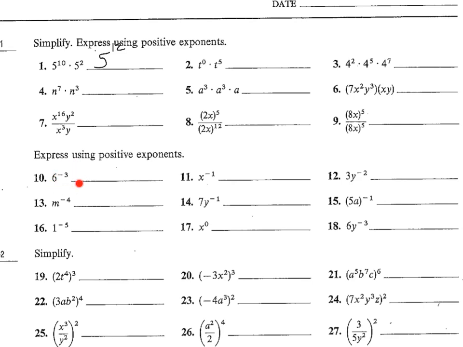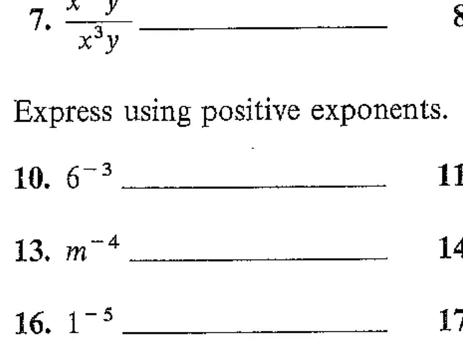You get down here, express using positive exponents. What they're wanting you to do is just set that up and get rid of the negative exponent. So this, by default, is on top. So that means I need to move the whole thing to the bottom. So now it was 6 to the negative 3rd. I'm going to zoom in so I've got more room. So now it's going to be 6 to the positive 3rd on the bottom.